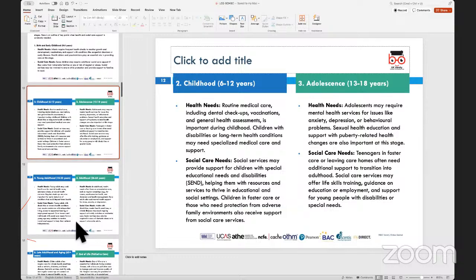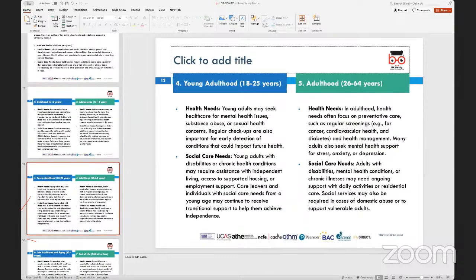Then we talk about early adulthood. Your main health needs are obviously regular checkups, but in addition to that, things like anxiety and depression.